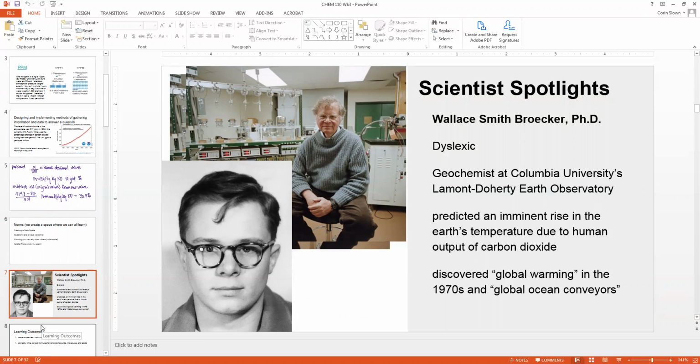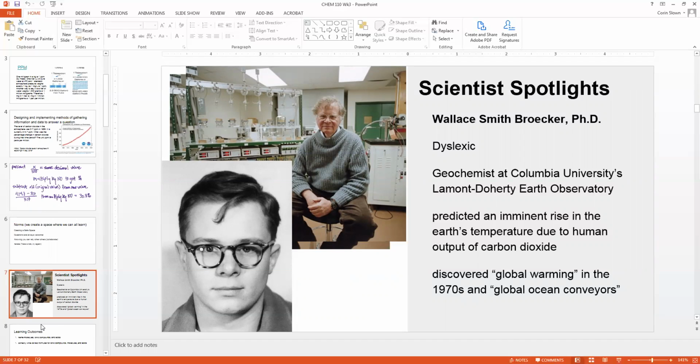He was a geochemist at Columbia University's Lamont-Doherty Earth Observatory, and he predicted an imminent rise in the Earth's temperature due to human output of carbon dioxide. You could say that he discovered global warming in the 1970s, and that he also reported on global ocean conveyors.